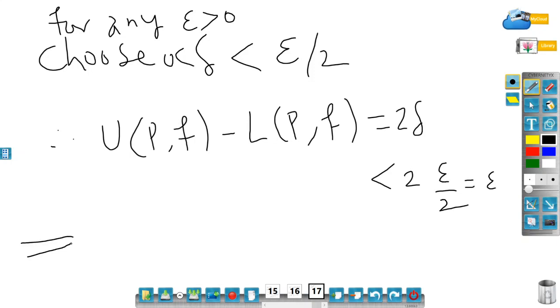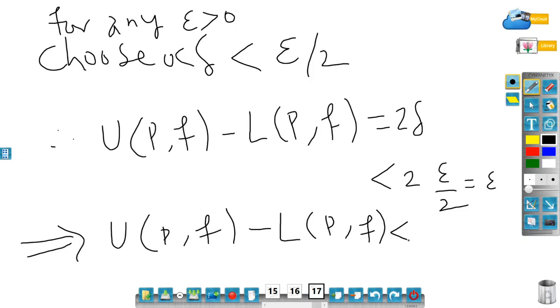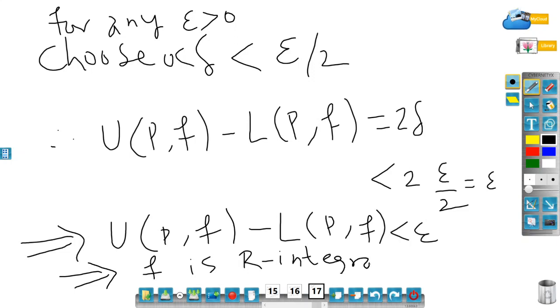So this implies upper sum minus lower sum is less than epsilon, hence f is R integrable.